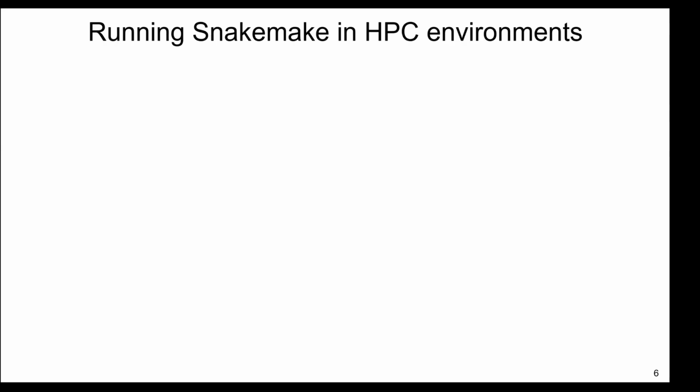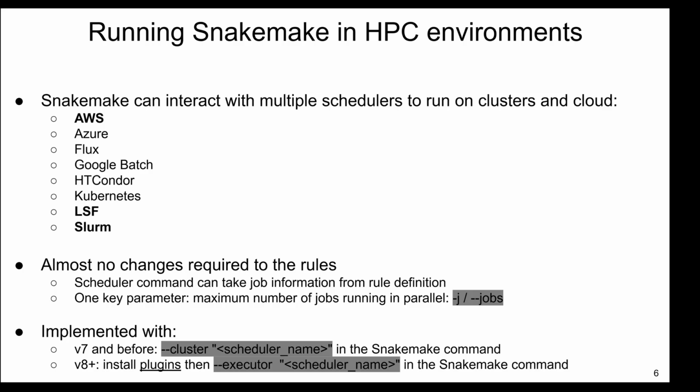Snakemake can interact with a lot of schedulers. We've got a list here. The most famous ones are AWS from Amazon, LSF, and Slurm. Slurm is the one we will be using today. As I said, you don't need to change much to run Snakemake on an HPC, because the scheduler can infer information from the rule definition.